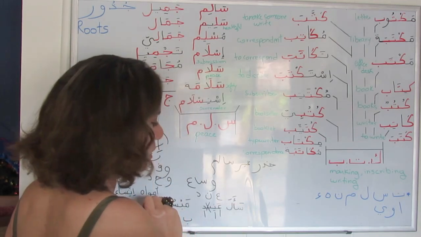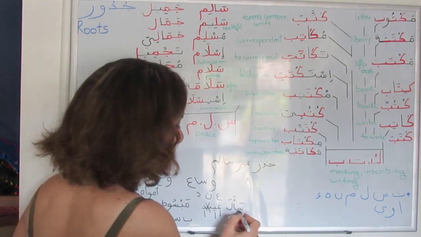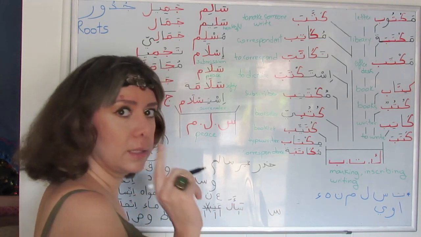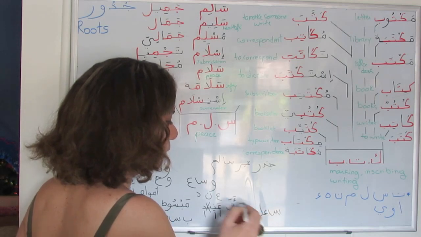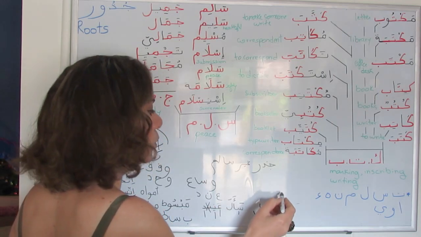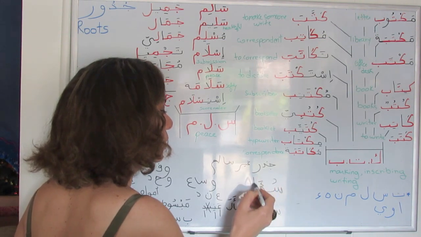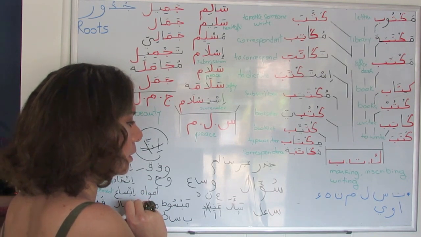Here we have the word sa'ala. It means to ask or he asked. The root will be sin, and we'll use just hamza. We don't need the alif and lam. And even from this root we can have the word su'al. See how it's changed?